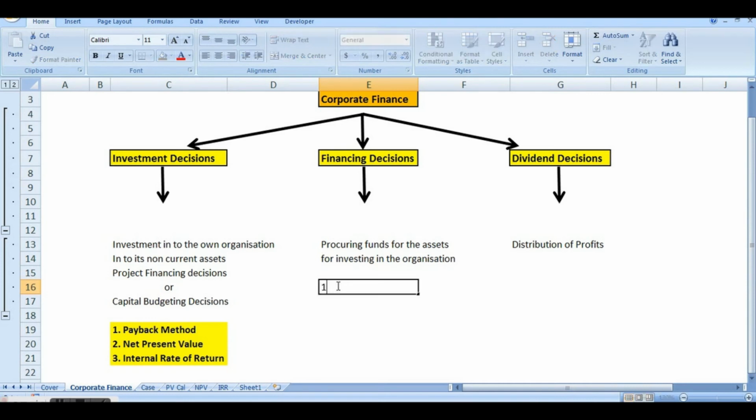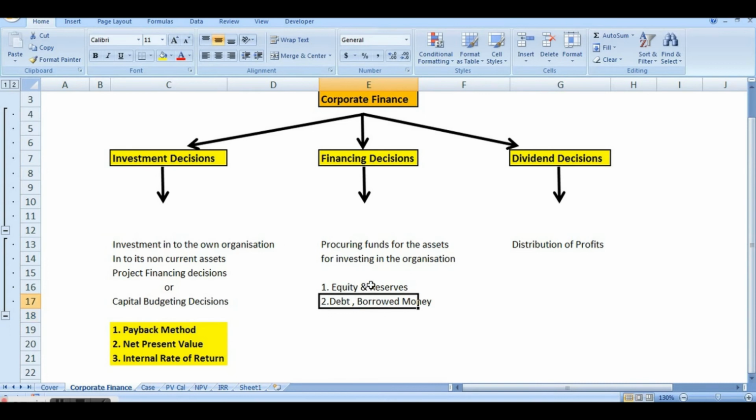So basically, the sources of money can be your own money in the form of equity and reserves, or it can be outside, borrowed money, which is also called debt. From now onwards we will use the words equity and debt only, not the owner's money and borrowed money.